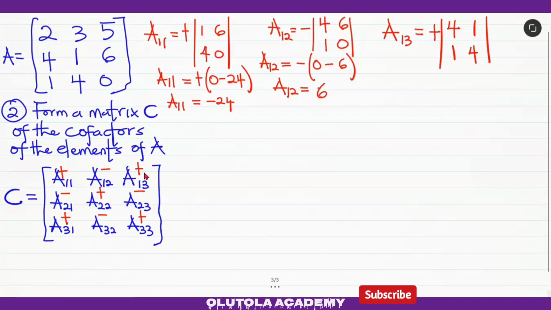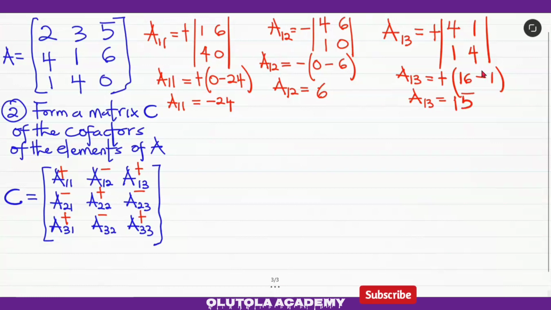So that will give us A13 to be positive 16 minus 1. That's 4 times 4, 16, and 1 times 1, 1. So A13 will definitely be 15.